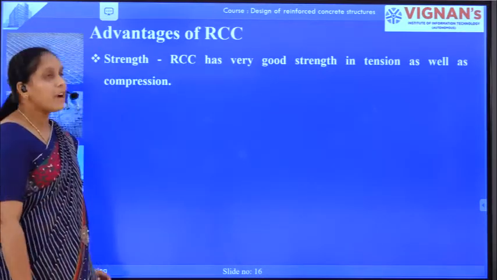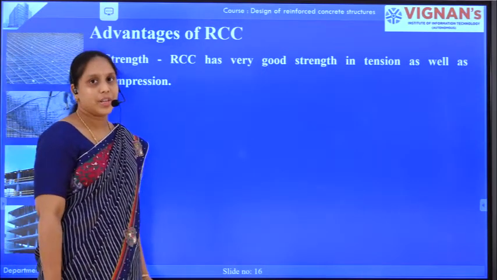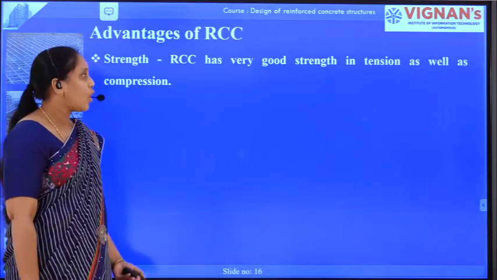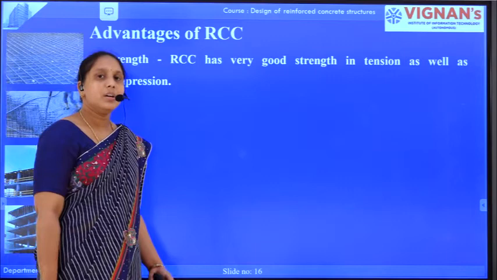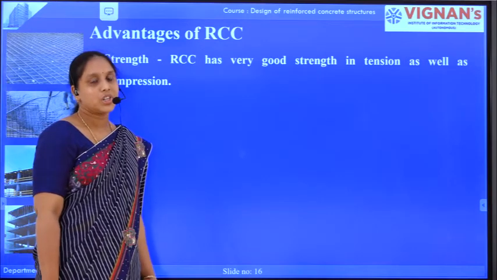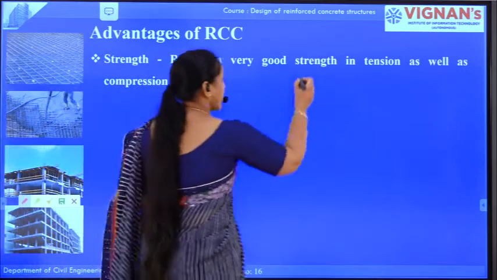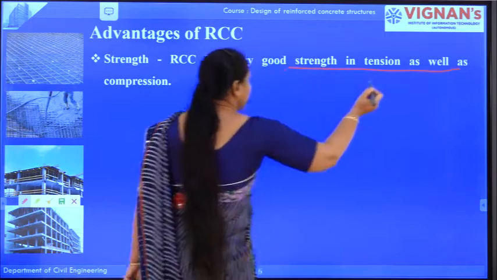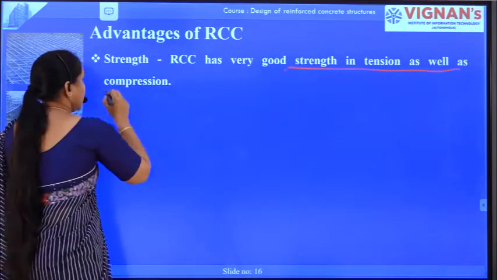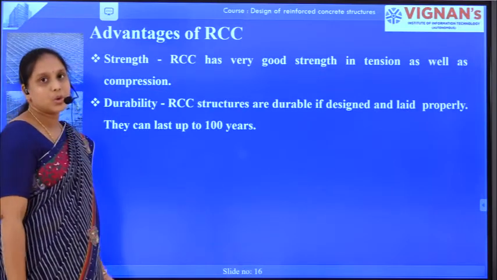The advantages of RCC being, the first one is the strength. Reinforced cement concrete has very good strength in both compression as well as tension. The next advantage is durability.